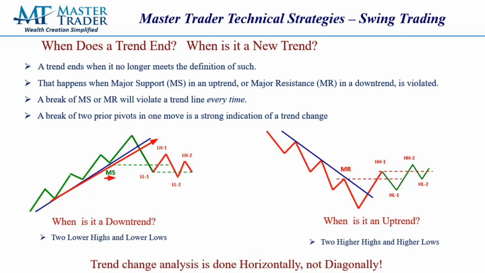Now we have a rule that says if it violates 2 prior pivot lows in one move, that's a strong indication of a trend change. In other words, if we had this low and this low violated in one move, we're going to say that the trend is now moved down even before it has established lower highs and lower lows.